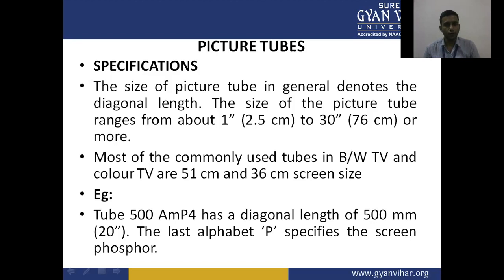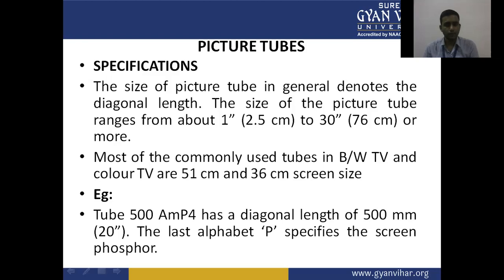Most of the commonly used tubes in black and white TV and color TV are 51 centimeter and 36 centimeter screen size. The tube 500 AM-P4 has a diagonal length of 500 millimeters.